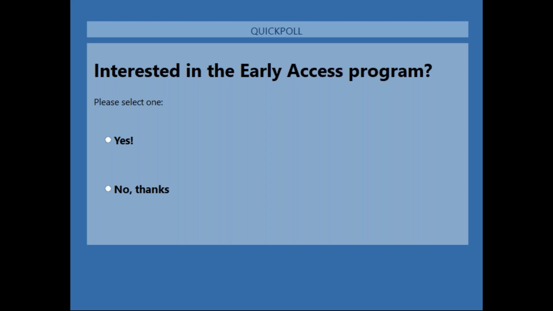Okay, so far 80% of you are in the yes category. So in the early access, you're going to get an email from us probably next week, and we're going to ask you to try it out and give us some feedback. We're also going to circulate some different pricing models and see which ones you like best.